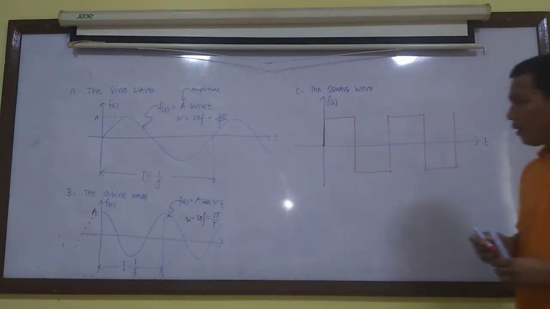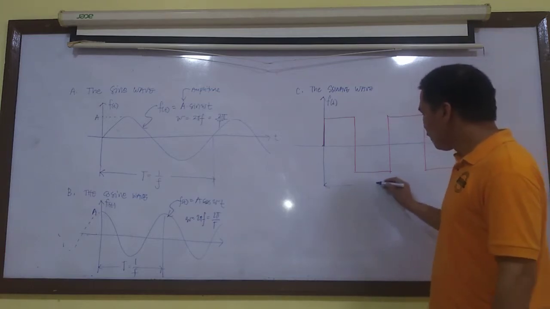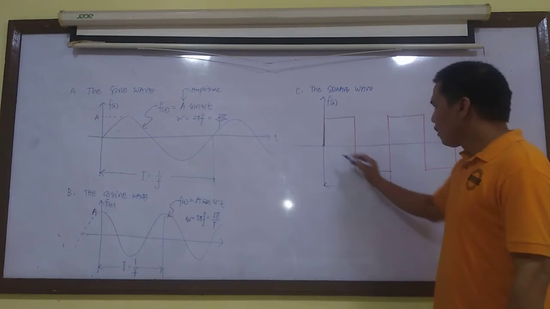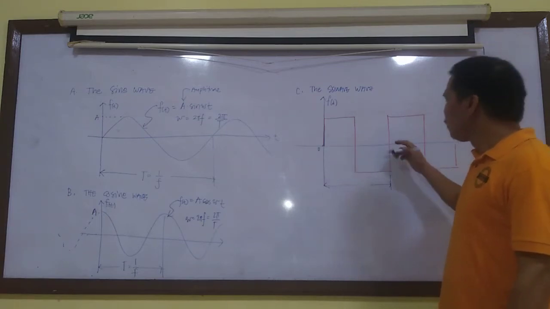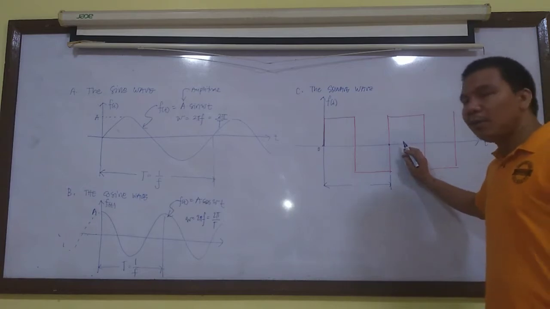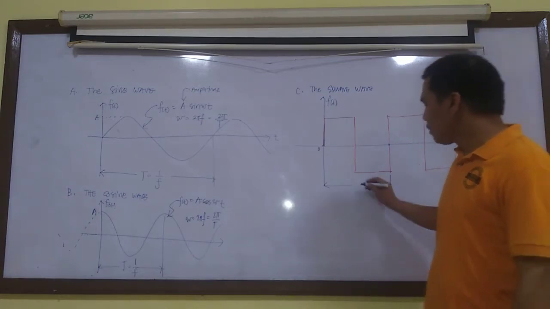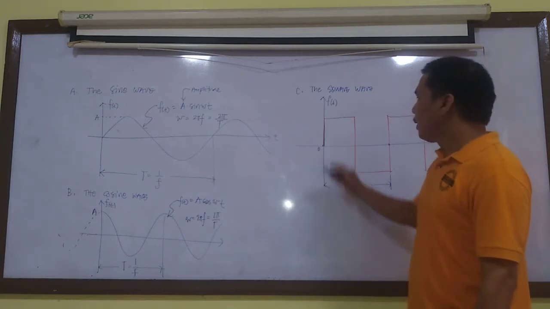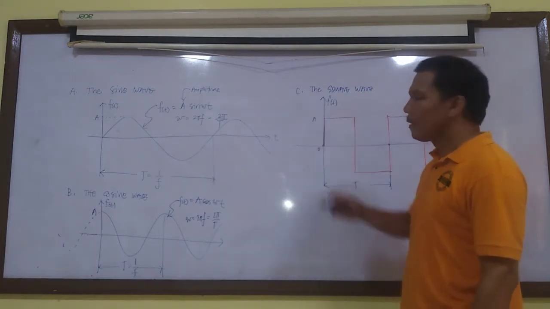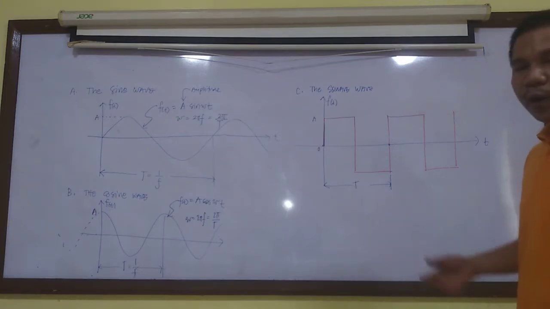Your period is from this point up to this point, because this is one complete cycle of your square wave. Let's label the period as T, and the amplitude as A.